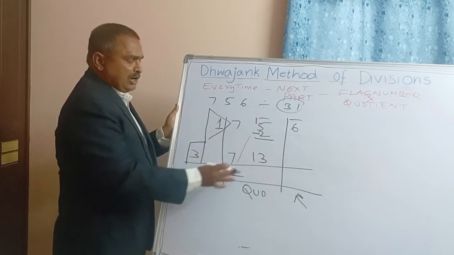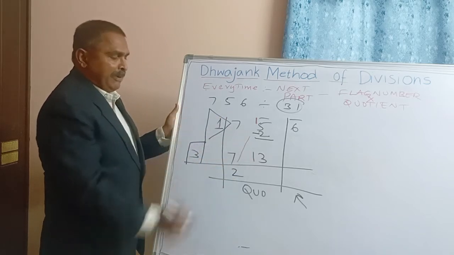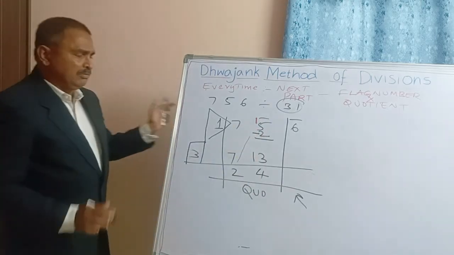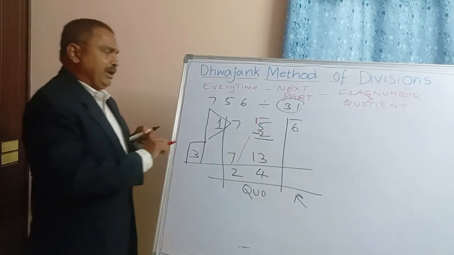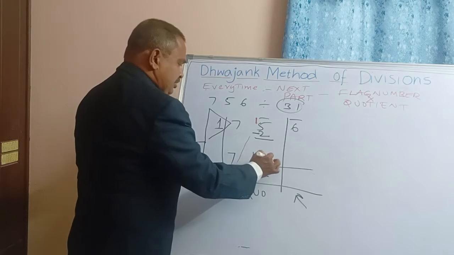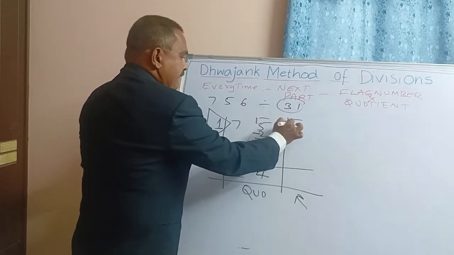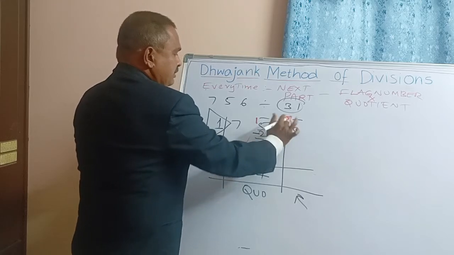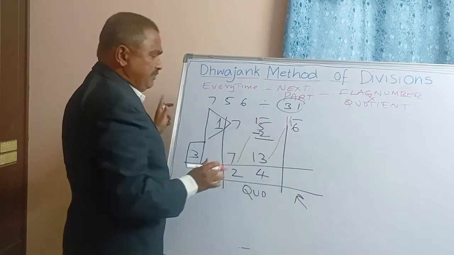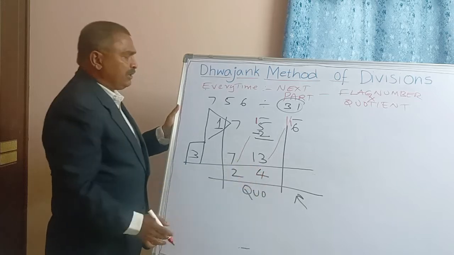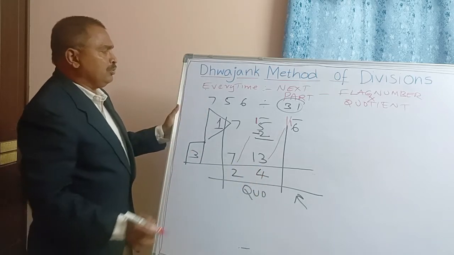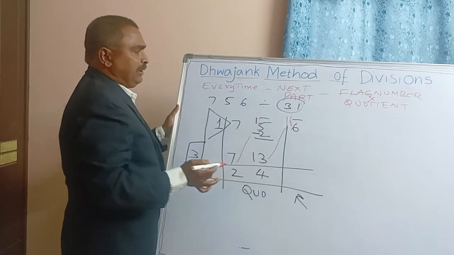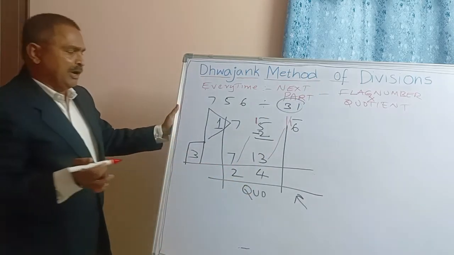Again division starts. 13 divided by 3. 4 threes are 12. What is the remainder? 1 is the remainder. Keep 1 here, that will be 16. Again we got a quotient. Every time the quotient is multiplied with the flag number and subtracted from the next part.